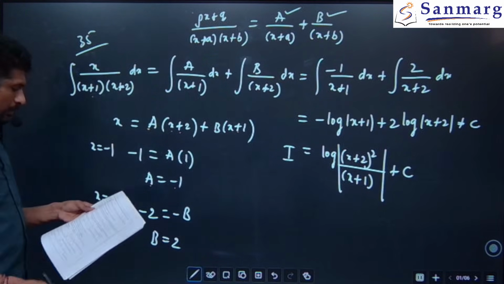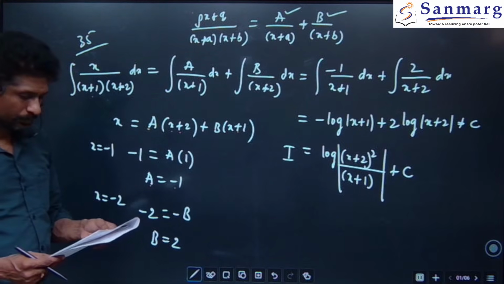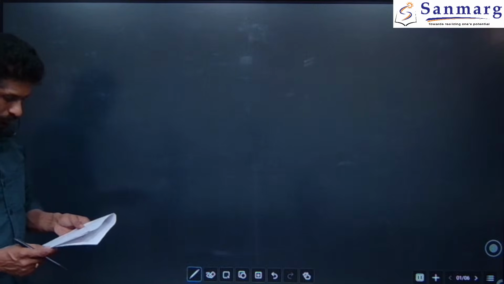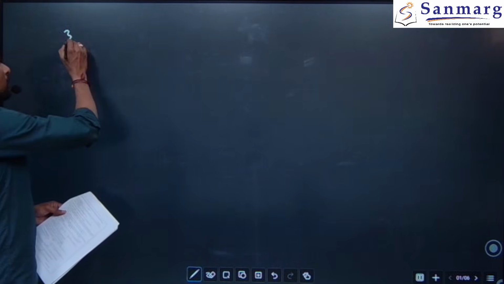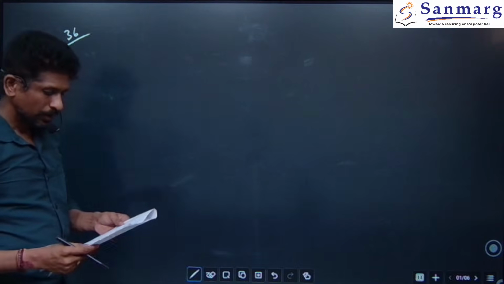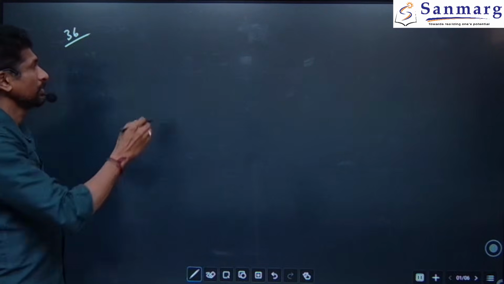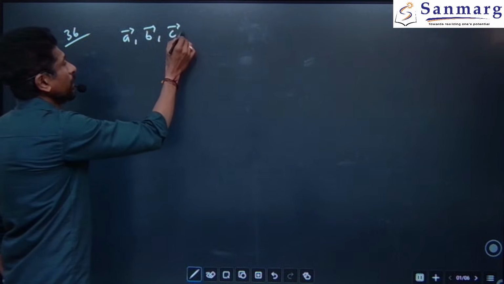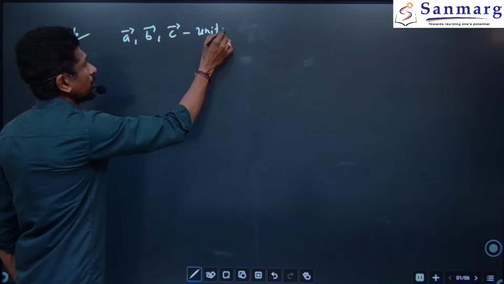One question will be fixed in the integration by partial fraction method. The next one is in vectors itself, the 36th question. The 36th question: they are given three vectors A, B, C, as unit vectors.